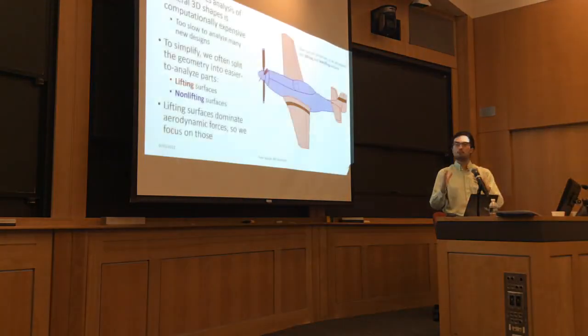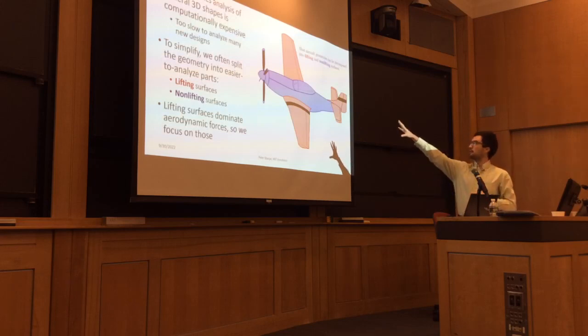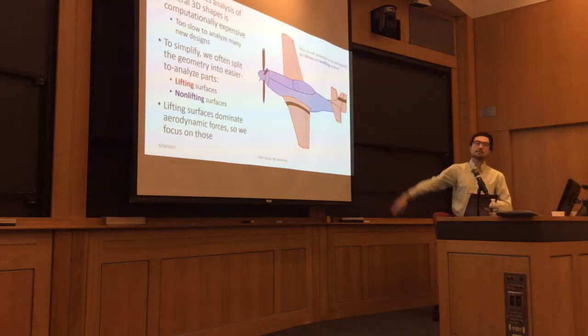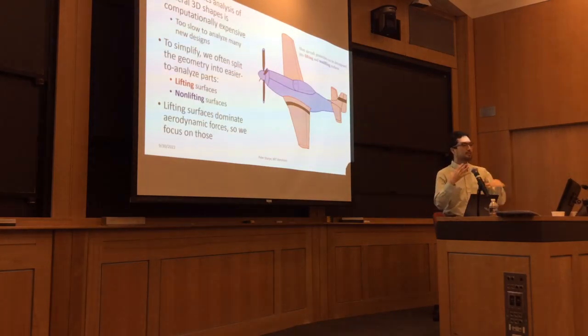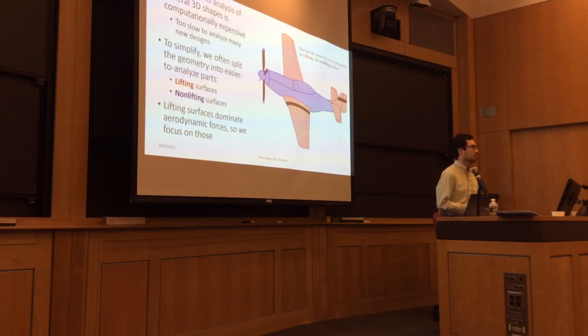We take our problem, we break it up, and then we add structure to each part, which makes assumptions that speed that process up. In practice, what this means is that we split our geometry. So if we have an airplane here, we split it into the lifting surfaces in red here, and then non-lifting surfaces in blue here, and then we can use some different physics rules on each part to try to simplify the physics that are happening here. In general, these lifting surfaces here, these dominate the aerodynamic forces. So in a first order analysis, we usually focus most of our effort there.